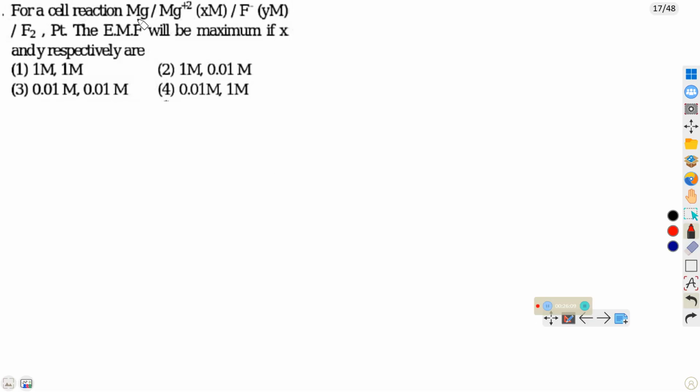For a cell reaction Mg | Mg2+ (X) || salt bridge || F- (Y) | F2, the EMF will be maximum if X and Y respectively are which values? First of all, frame the chemical reaction.